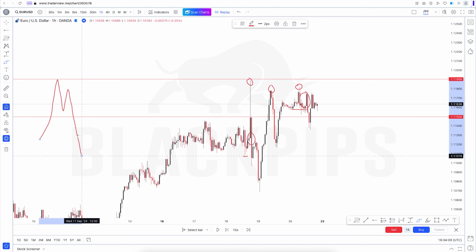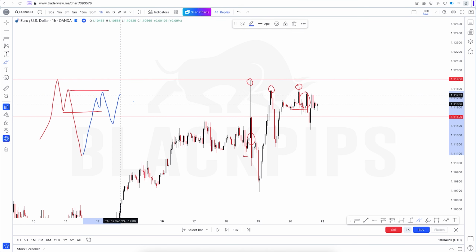So for the first time, let me try to draw this. Let's say this was the daily area, and the 1 hour time frame. In the 1 hour time frame, the market just came, reacted for the first time, changed the character but didn't give us the inside formation. The second time, the price just came inside but didn't give us even the area to consider as our change of character.